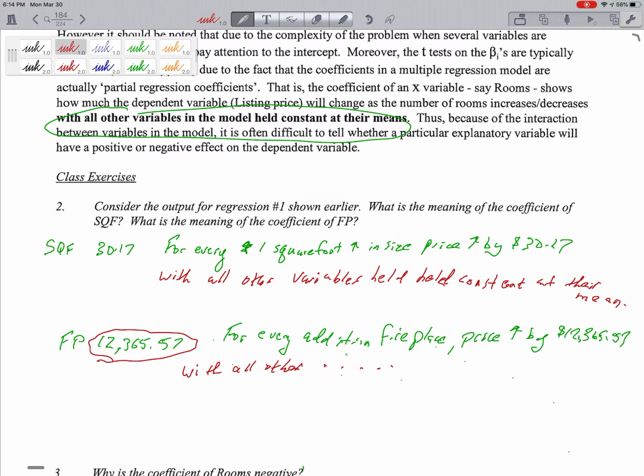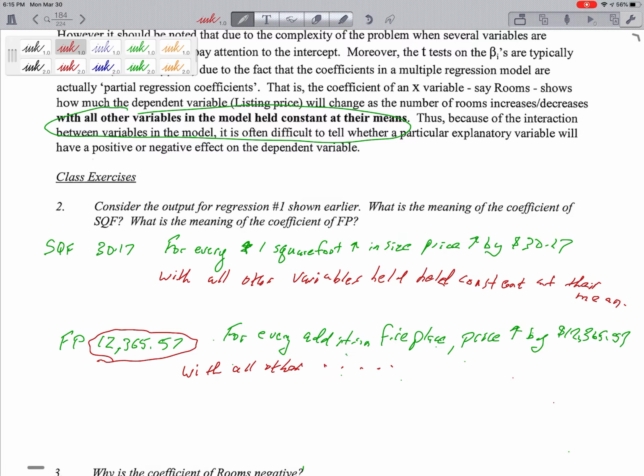And the listing price of the house, let's say that's the value of the house, we'll just call it the price, will increase by $12,365. And again, that's where you look at this and say, yeah, within a certain limit. The highest number of fireplaces in the data set was 3, and only a small number of those. So you're really talking about the difference between 0, 1, and 2 fireplaces, with the odd 3 there.